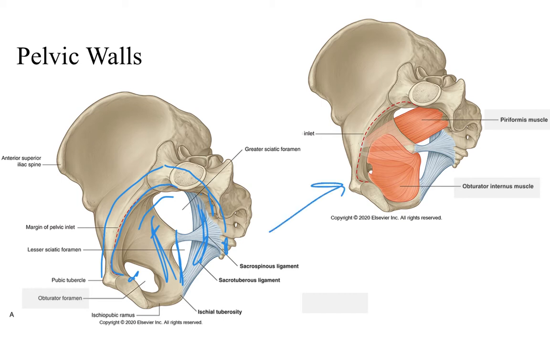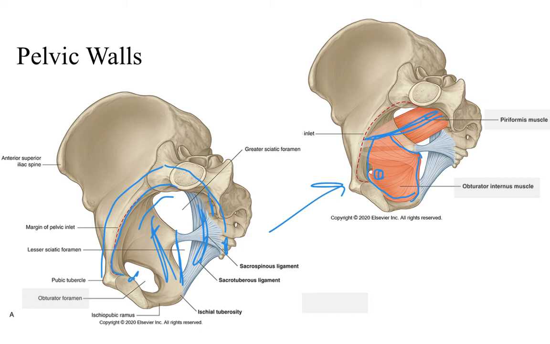Then we're going to go over here and look at the muscles that are going to form the lateral portion of the pelvic wall. First of all, we have our obturator internus muscle. This is a fan-shaped muscle that's covering the obturator foramen. And then just superior to that, we will have the piriformis muscle.